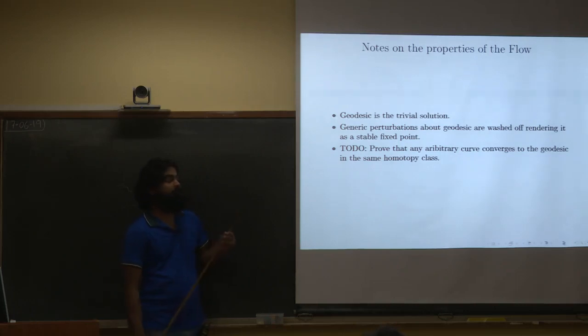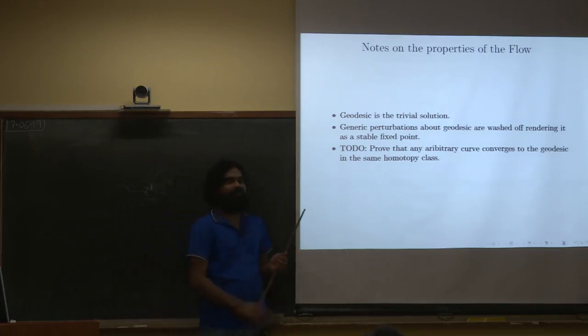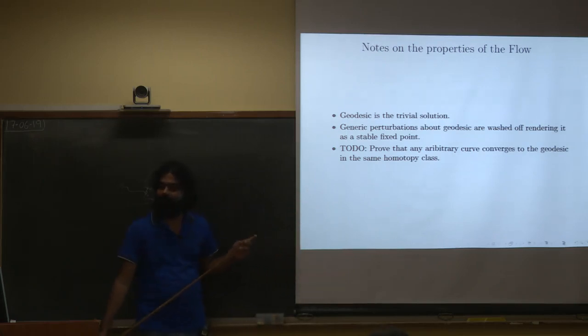What remains to be seen is the big question of whether any generic loop evolves into a geodesic in the IR, and that requires a rigorous mathematical treatment. One way you could make progress is if you could prove a C-theorem, that there's some functional that decreases. In fact, the natural functional is the length.